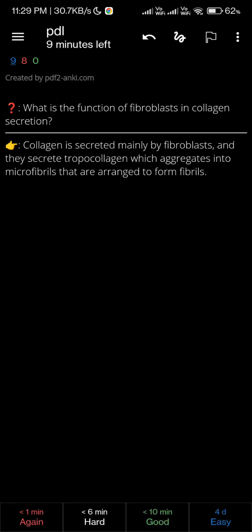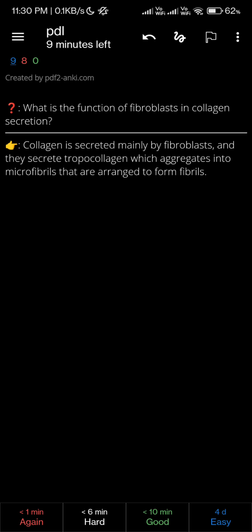Collagen is secreted mainly by fibroblasts.